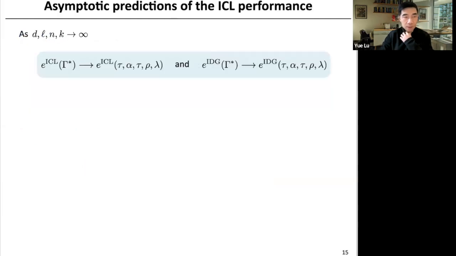All right. So the main technical result of our work is the following asymptotic prediction. We say that the generalization error of this learning problem, in both the ICL and IDG settings, has well-defined limits as the dimension grows to infinity. And these quantities depend on the parameters tau, alpha, and lambda.